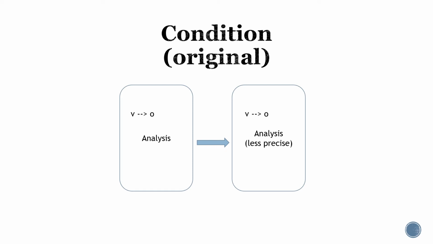In general, if a points-to relation holds in a pointer analysis, then it will also hold in a less precise pointer analysis. Conversely, if a points-to relation does not hold in a pointer analysis, then it will also not hold in a more precise pointer analysis.